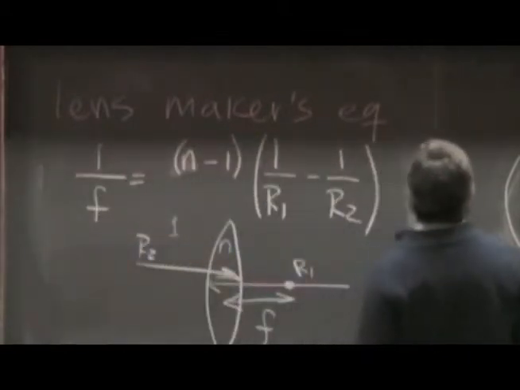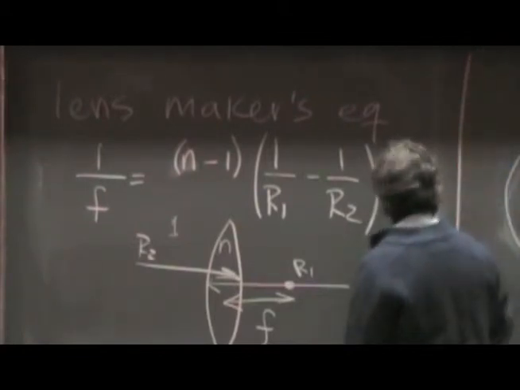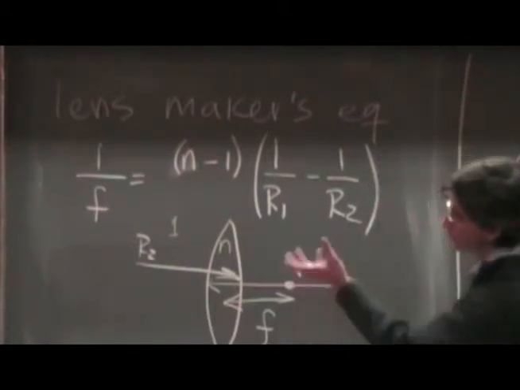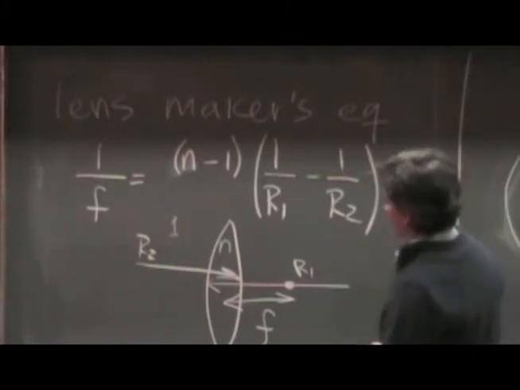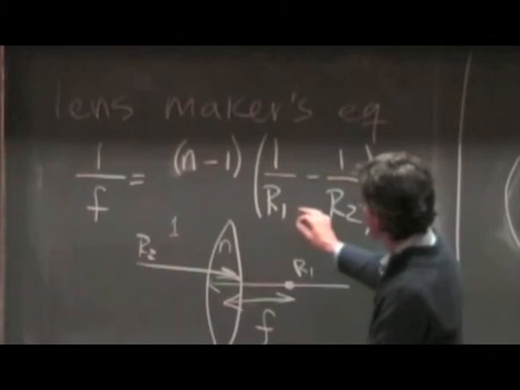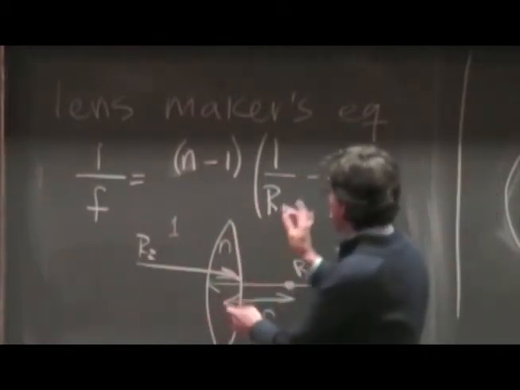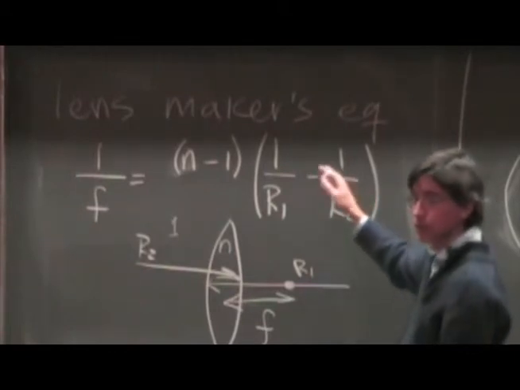If you apply this equation to the crystalline lens of your eye, you will notice that, well, assume that it's symmetrical, so these two R's are equal, but because the surfaces are curving in different directions, one of them is going to be a minus, and the other one's a plus.